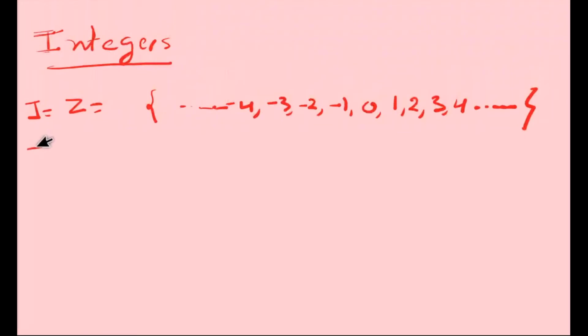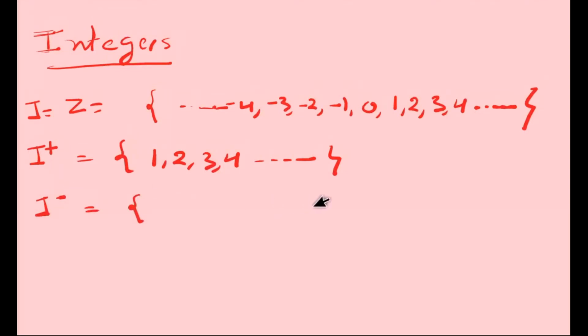If we write I plus, it means we are talking only about the positive integers, and if we denote by I minus, we are talking about the negative integers, that are -4 -3 -2 -1.